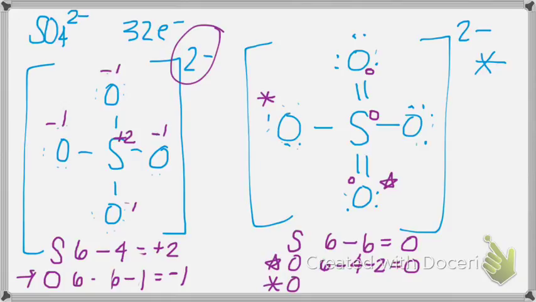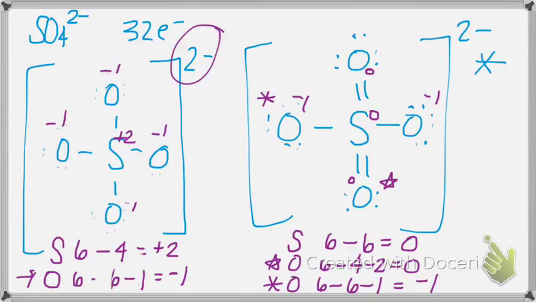Okay, so now let's do asterisk O. So I have 6 minus 6 minus 1, which is a negative 1, right? So this one has negative 1, negative 1, and so its overall charge is negative 2, which is what you need it to be. So this is actually the structure of SO4 2 minus.